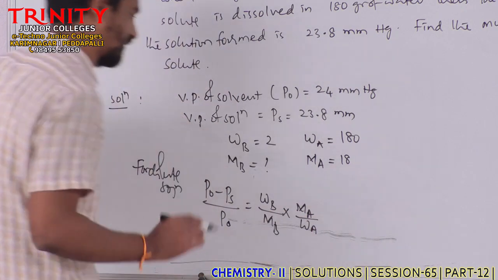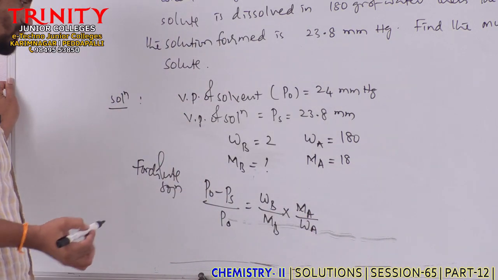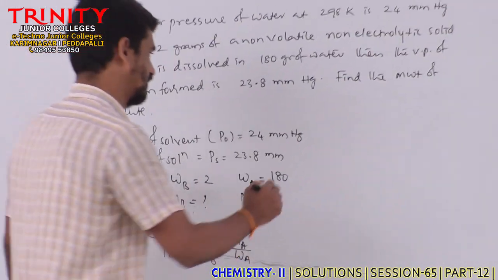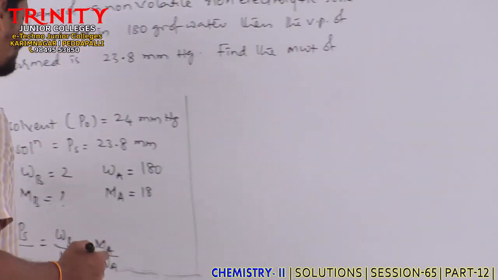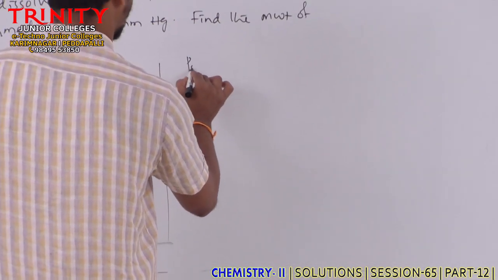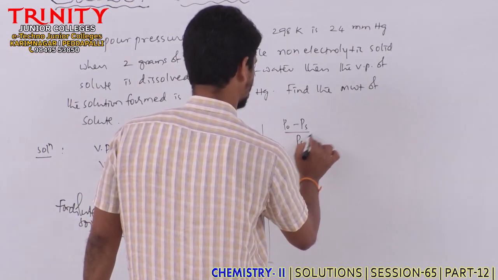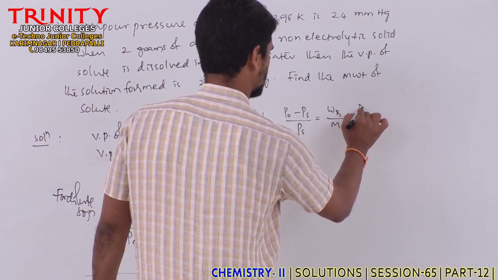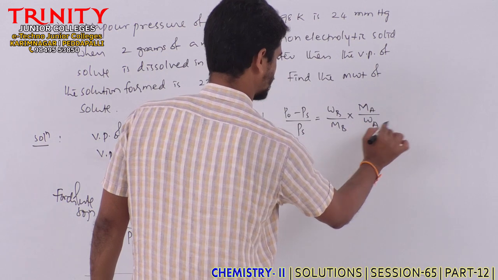This is the formula for dilute solutions. But we don't know whether it is a dilute or concentrated solution. So for any kind of solution, we can write P naught minus Ps by Ps equals weight of solute by molecular weight of solute into molecular weight of solvent by weight of solvent.